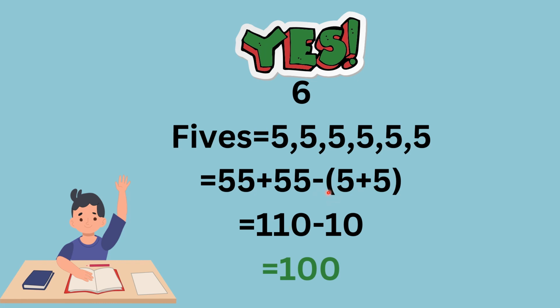And then we take 5 plus 5 away from 110, which gives us 100. It's just basic math: you subtracted 10 from 110, which is 100. What we got is six 5s, and we got to 100.